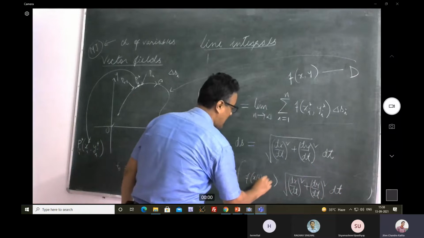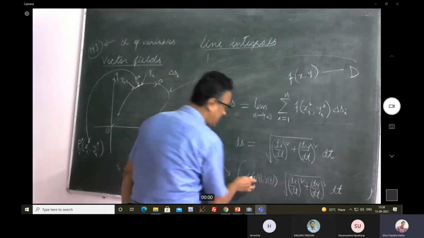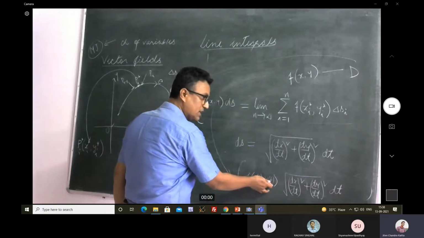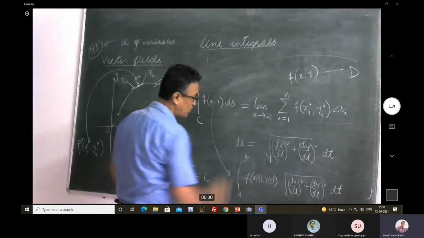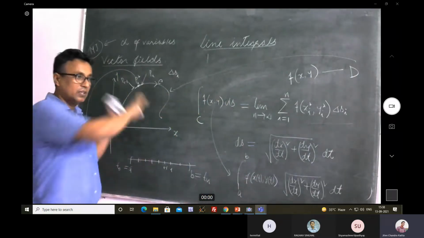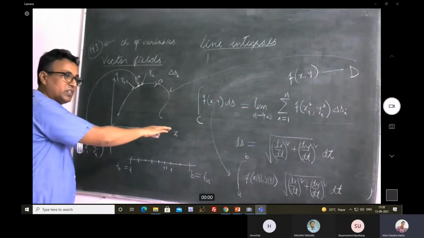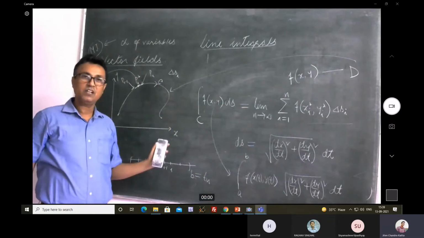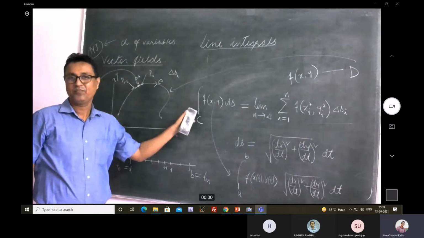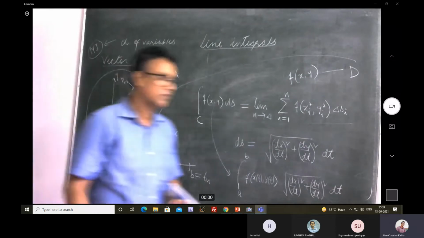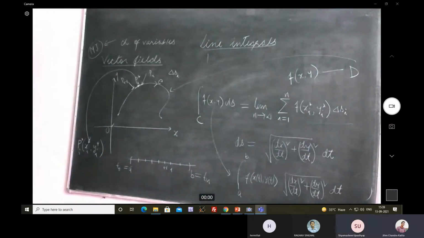So now I convert x and y as functions of t, and since t goes from a to b, this is going to become this. So this is the definition of the line integral of a function f along the curve C. Is it okay? Fine.